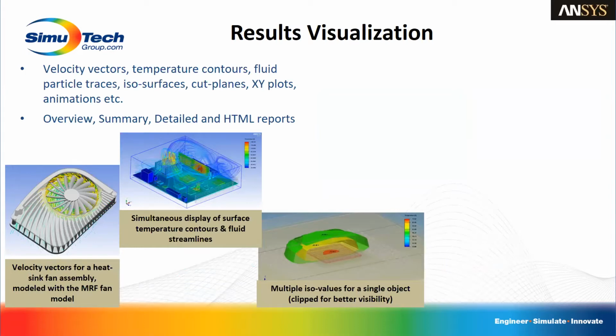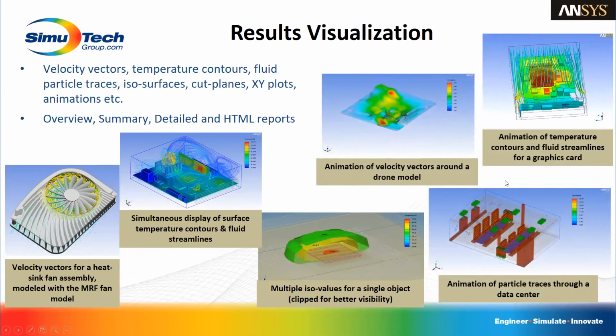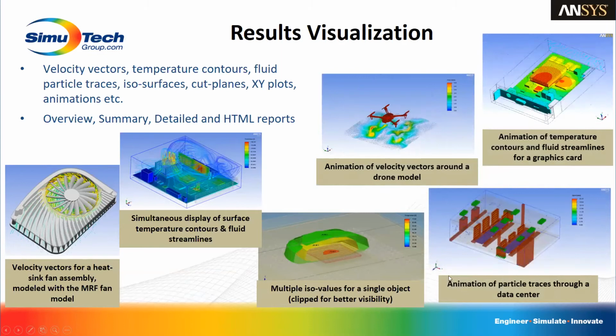You can animate all of those, and that's all present here within Icepack. I actually have a couple of animations here to play too. So you can see as you take that cut plane of velocity vectors and move it throughout your domain, you can see how the drone body, the existence of the drone body affects those contours.